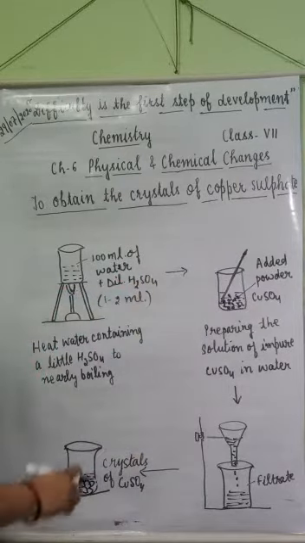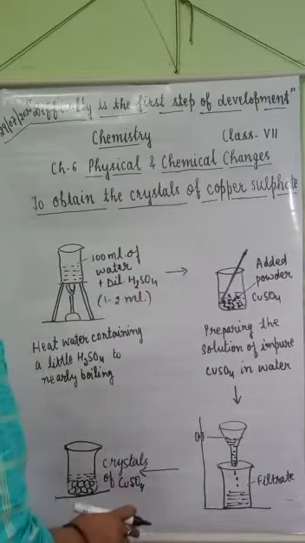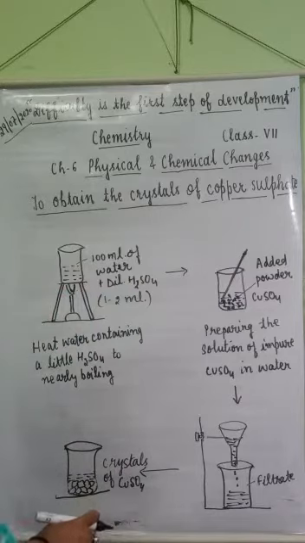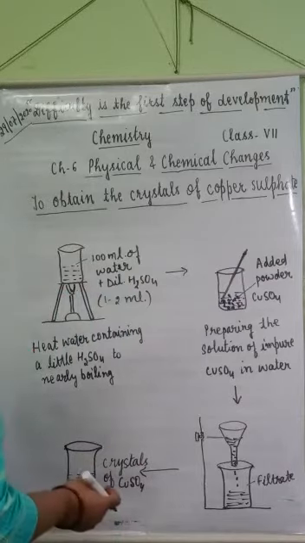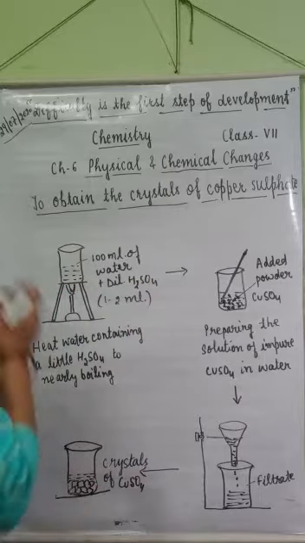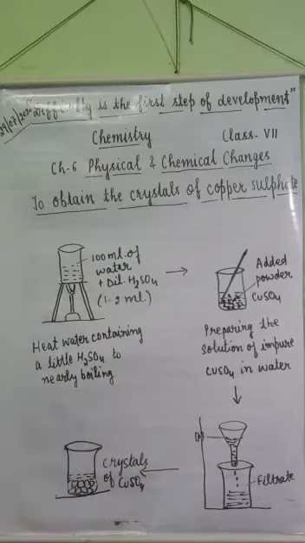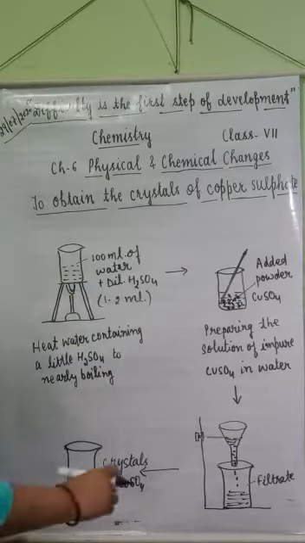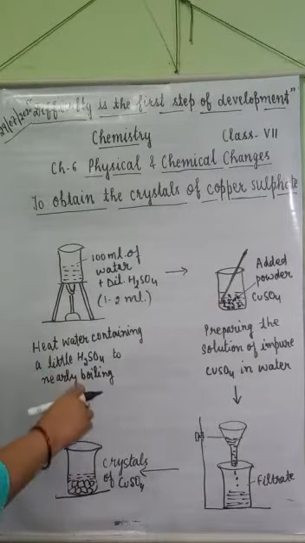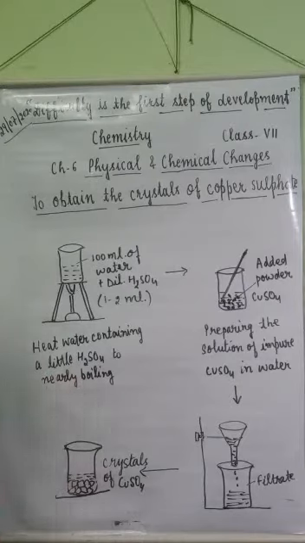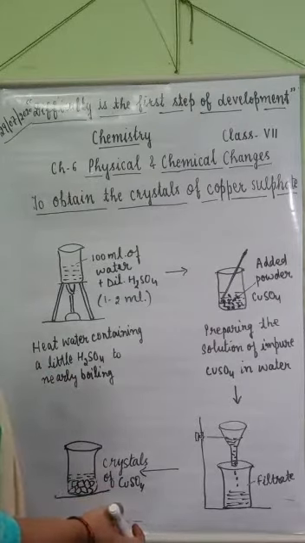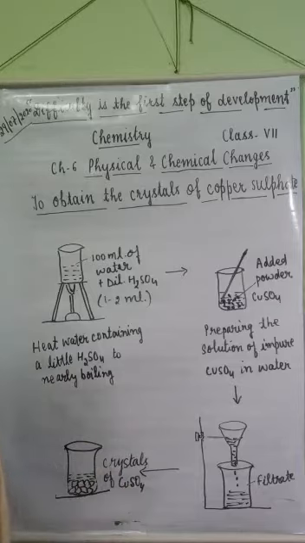You have to add copper sulphate powder till no more particles can be dissolved, and stir it continuously to dissolve the undissolved particles. If you need, you can heat it.